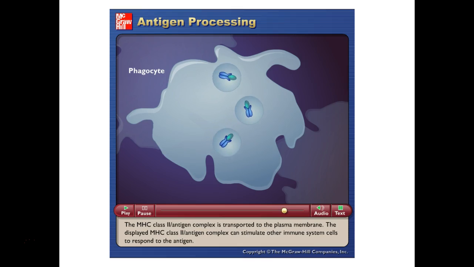The MHC class 2 antigen complex is transported to the plasma membrane. The displayed MHC class 2 antigen complex can stimulate other immune system cells to respond to the antigen. So they're going to communicate with those helper T cells, right? That will help out the macrophage, they'll help out the B cell.